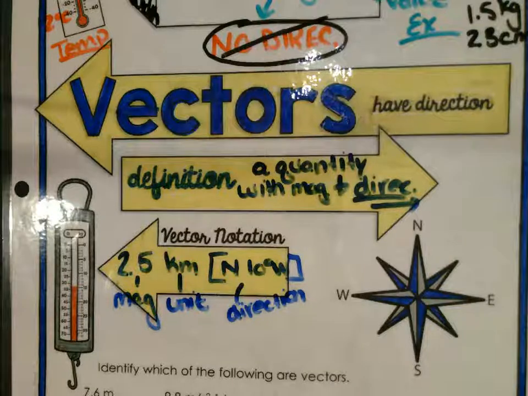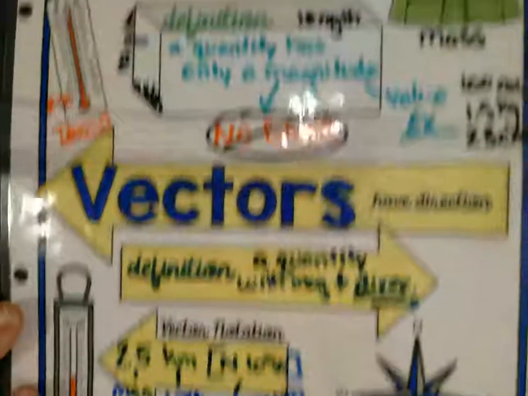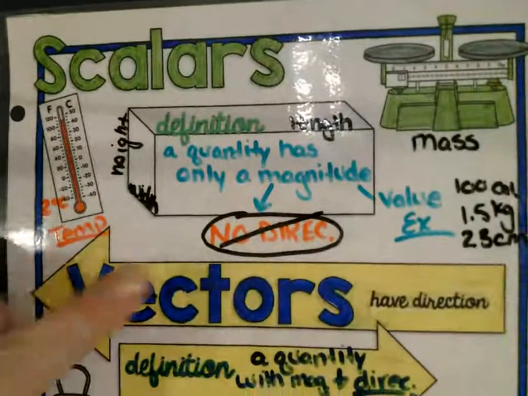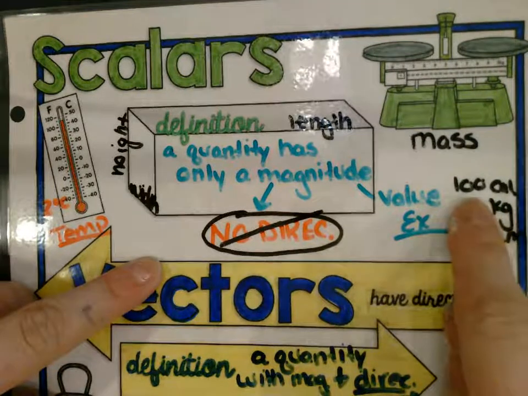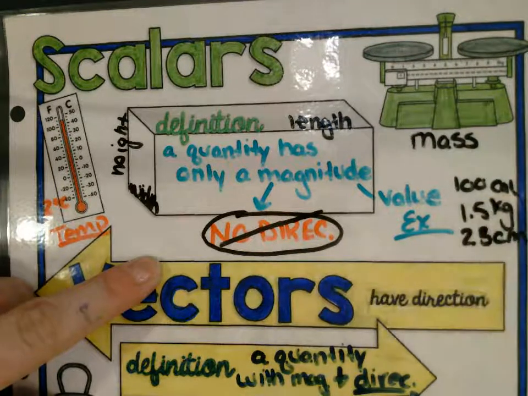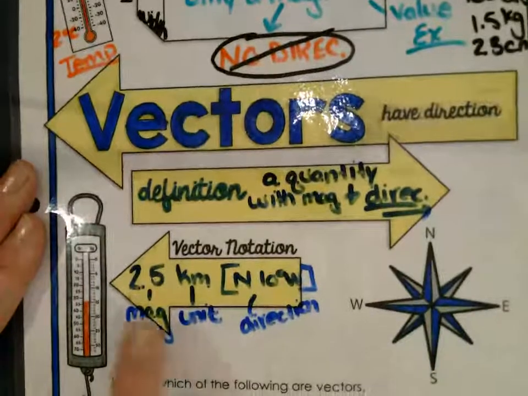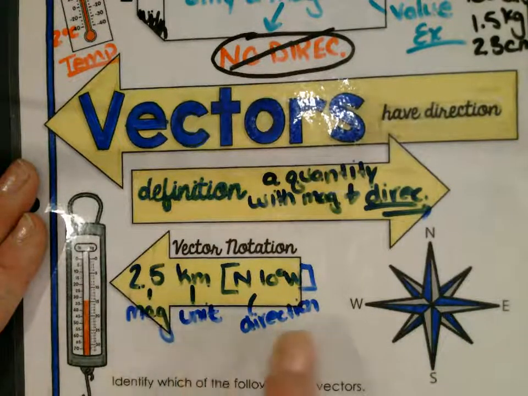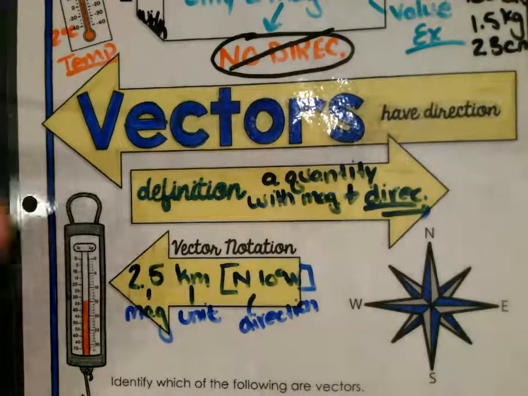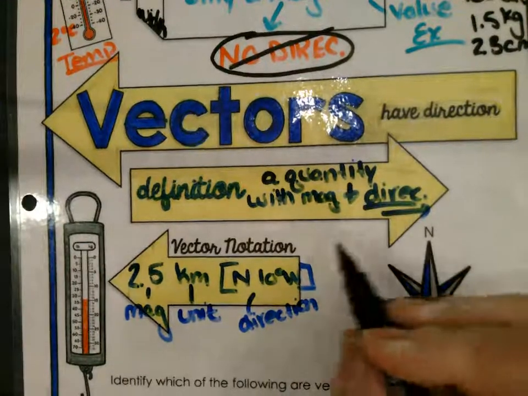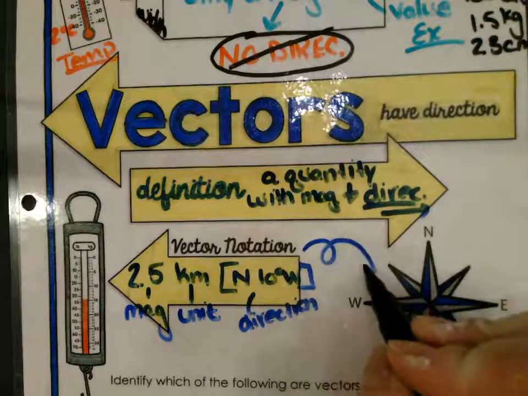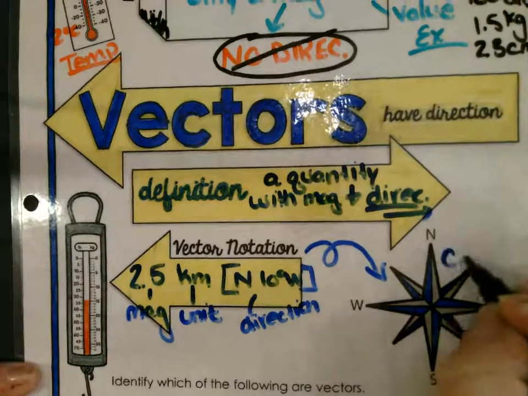when you're doing your math work. So scalars have just a magnitude. So it's just a number and a unit. Vectors have a number, a unit, and a direction. The way we determine directions in science is over here, and it's a compass.